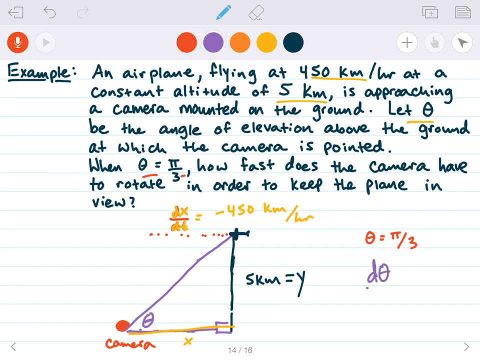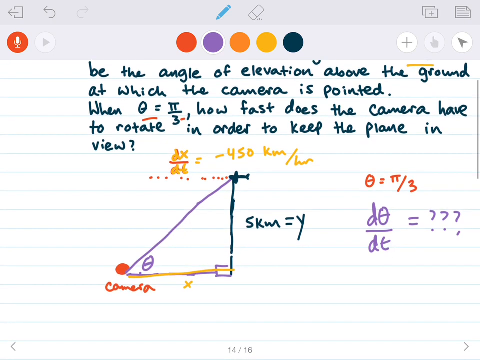We're looking for d theta dt, the change in the angle with respect to time. So let's use this information that we have to come up with an equation where we have theta, x, and y, right? We need those things.